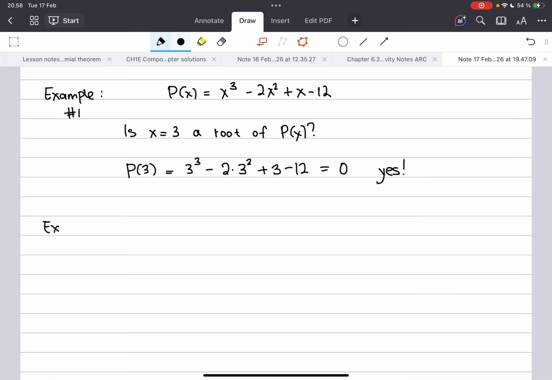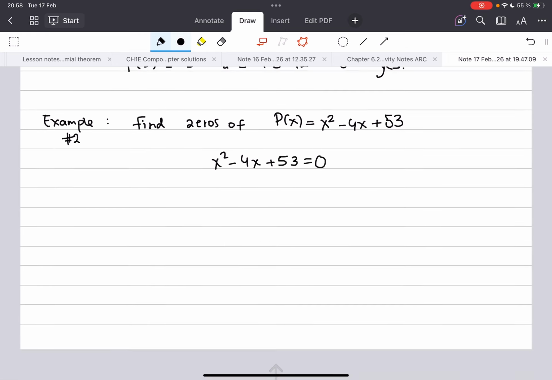Another example, example number 2. And they will say find the zeros of p of x equals x squared minus 4x plus 53. Alright, zeros means take what you're given and set it to 0.